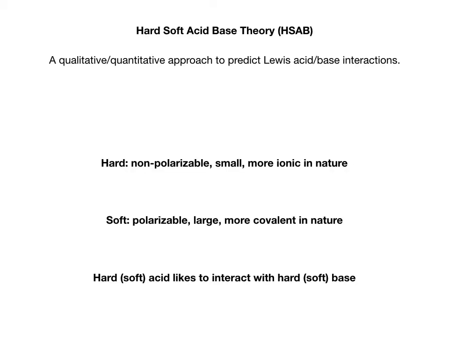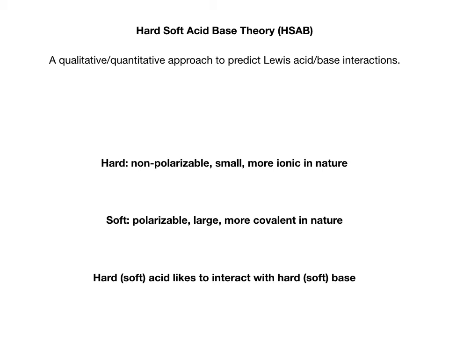In the last section, I want to introduce a new concept called hard-soft acid-base theory, HSAB in short. This is a qualitative and quantitative approach to predict and understand the interactions between Lewis acids and bases. Now, in our lecture, we're going to limit our discussion to the qualitative aspect of the theory. The idea here is pretty simple.